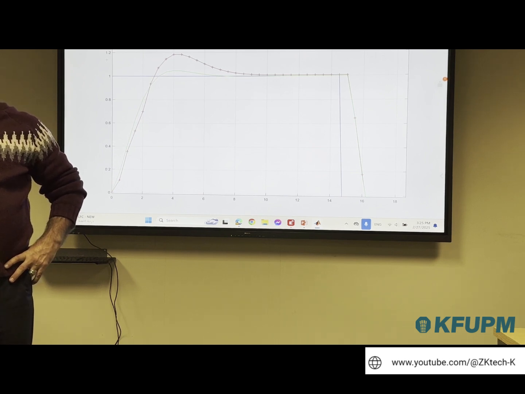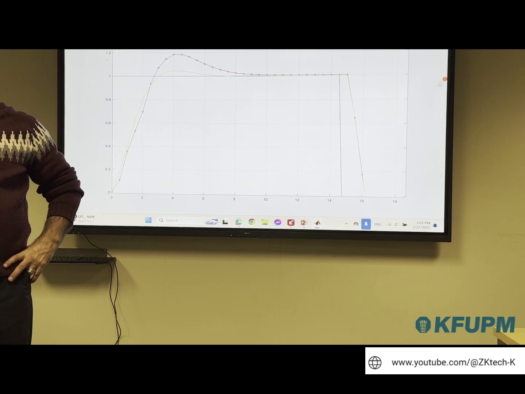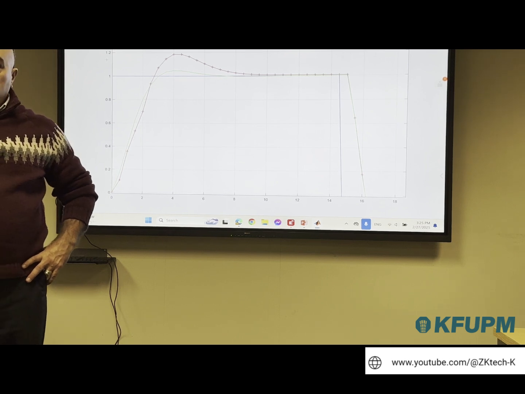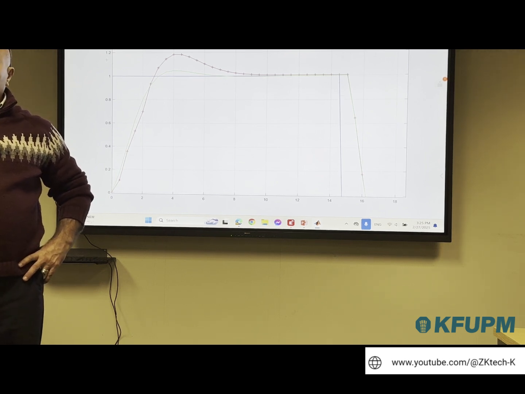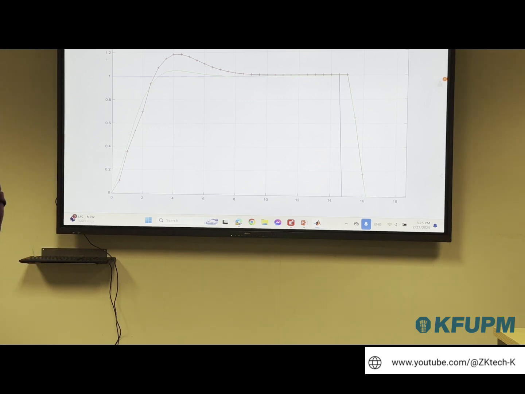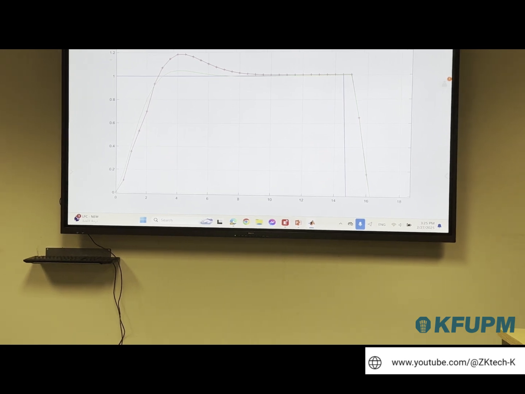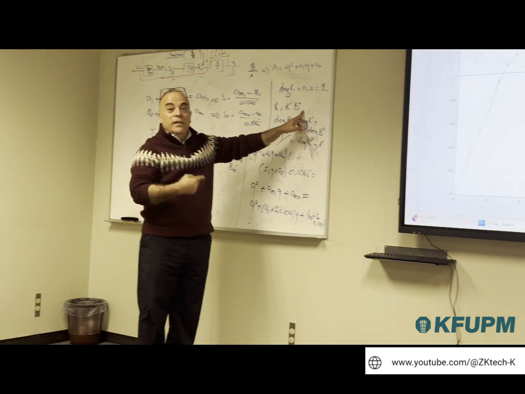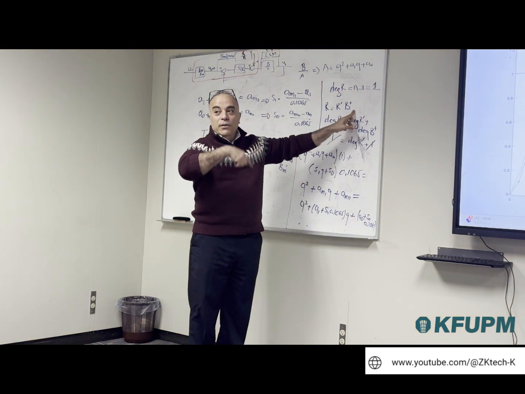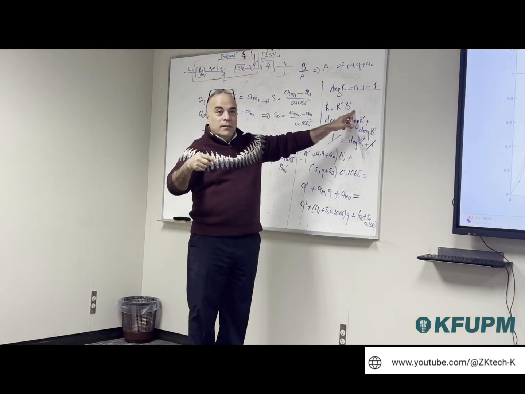So let's repeat again what we did. We estimated the value of the zero. We found it's equal to minus 0.8. We said that this will introduce oscillations, but we will accept it as part of B plus. Accepting it as part of B plus means that we put it in R, because R is equal to R prime times B plus. So B plus contains the zero that is the oscillation.